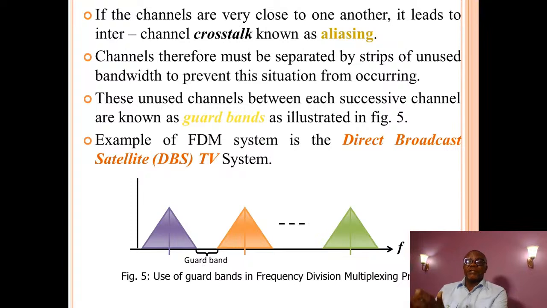But the multi-choice company can acquire them and through one channel send everything to your home and give you a decoder which acts as the demultiplexer that separates the signals, so that any channel you click, it gives you the signal equivalent of that channel. So that is a typical example of what frequency division multiplexing does.